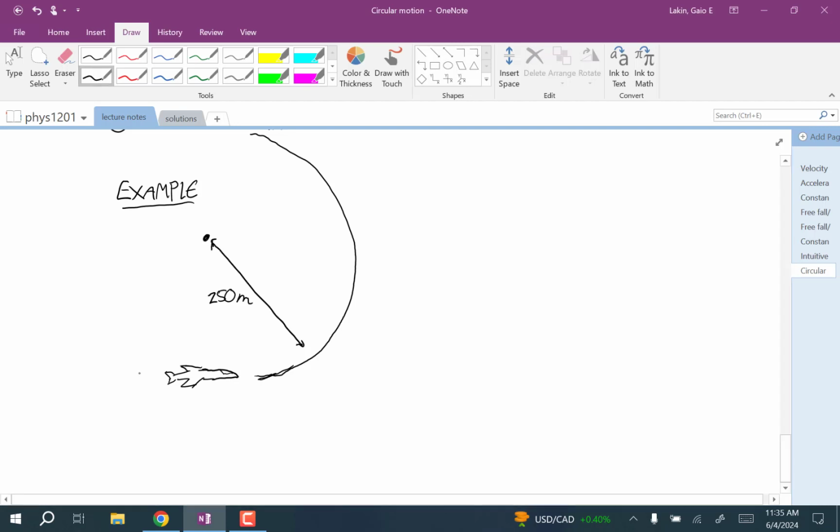And as this plane gets to this point on the circle, let's call that the point P. The speed is constant, which means the speed isn't changing, and the value of that speed is 120 meters per second.